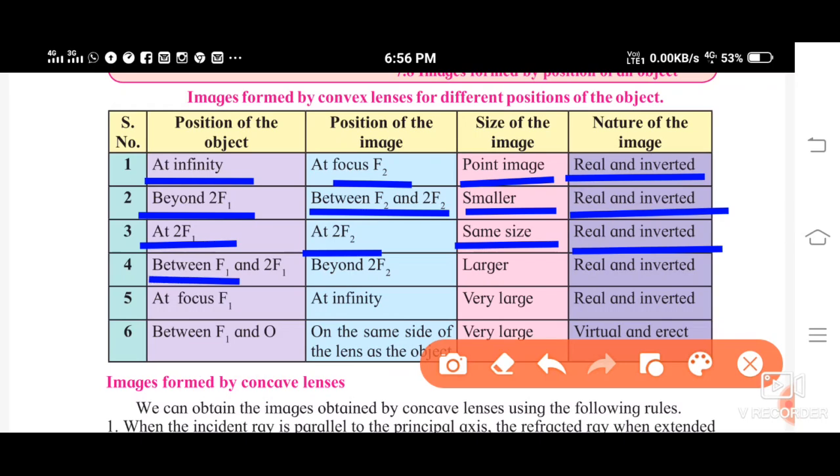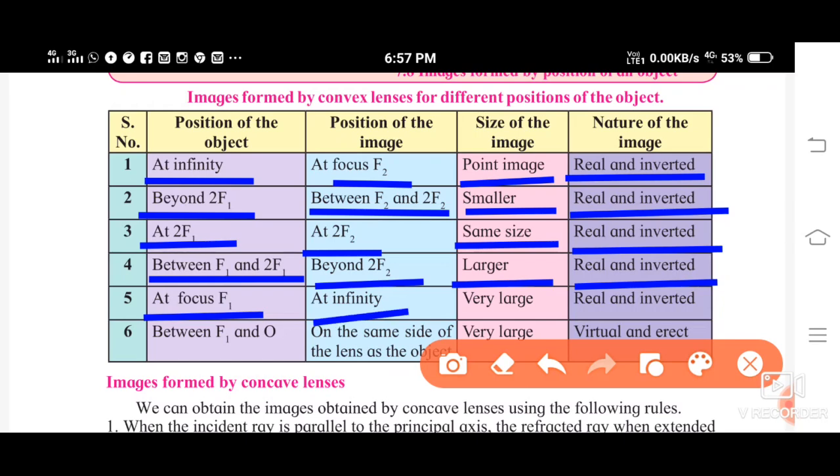Then when you keep it between f1 and 2f1, the image will be formed beyond 2f2. How will be the size of the image? It will be larger, and the nature of the image will be real and inverted. Then when you keep the object at f1, the image will be formed at infinity.